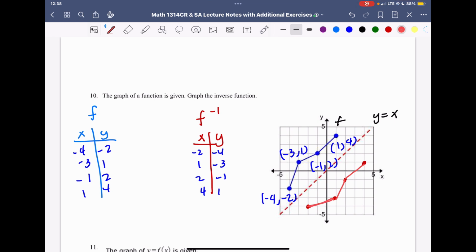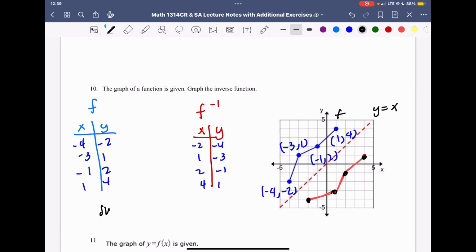It's not perfect. This is a sketch, right? But you've created the inverse. So what you're doing is switching domain and range, or switching x and y. Mark the points and connect the dots.